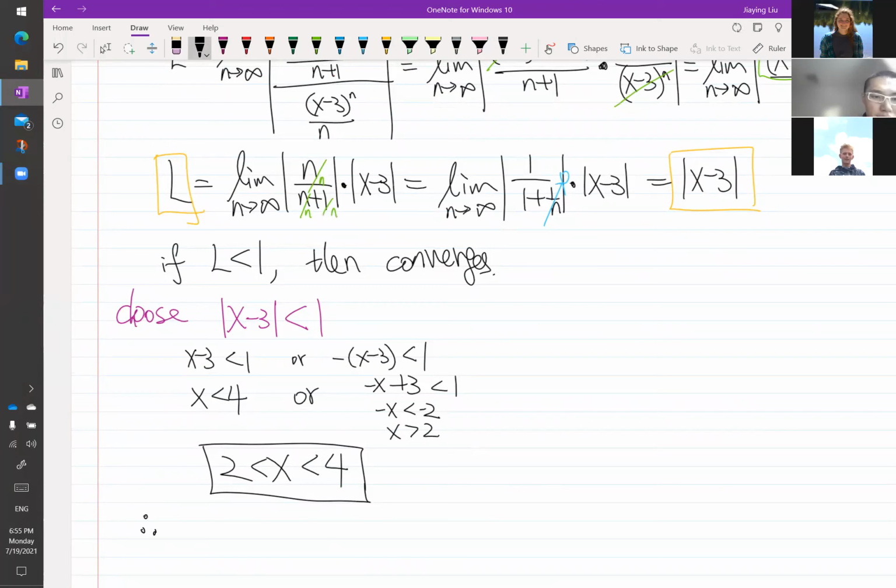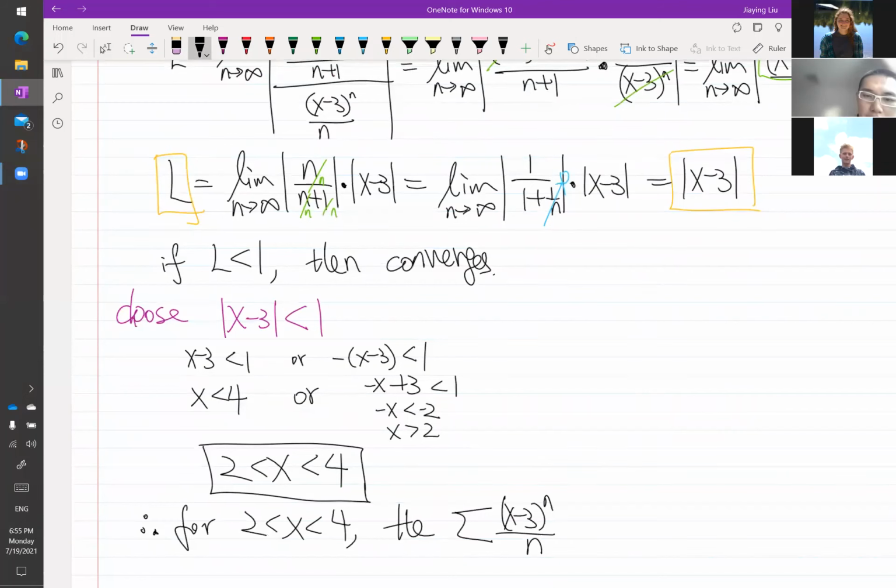Therefore, for x between 2 and 4, the series, (x minus 3) to the n over n, from 1 to infinity, is convergent.